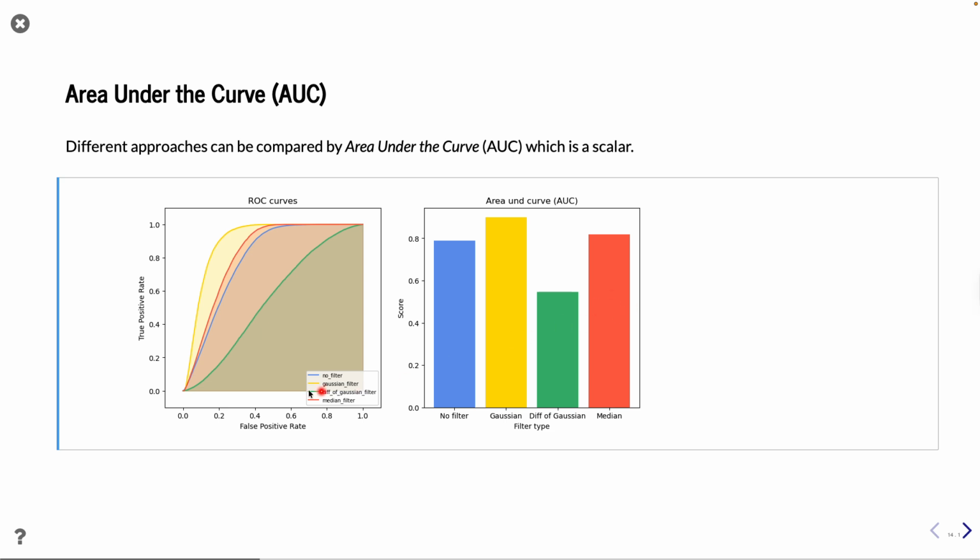Before I could say, yeah, that one is a little bit better because it goes farther out, but now we have the confirmation that the area under the curve is clearly best for the Gaussian. And when you do iterative segmentation algorithms, machine learning, etc., then this is a pretty good value to see how well you approach the improvement.